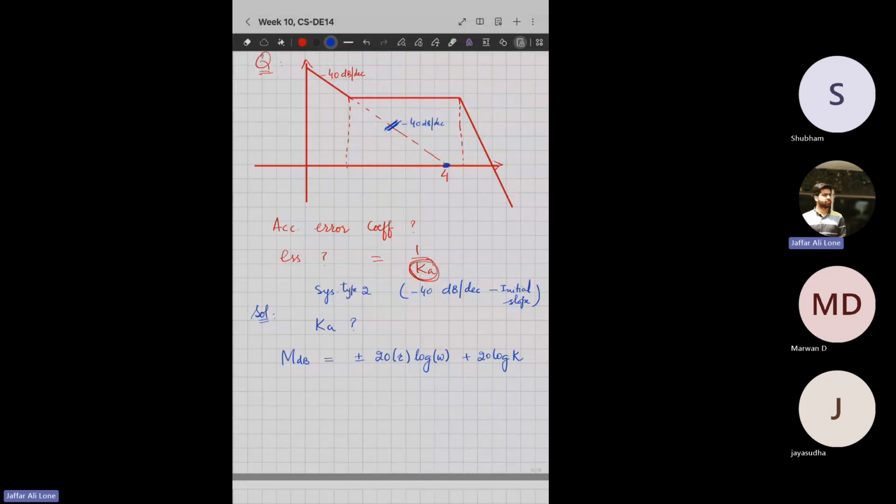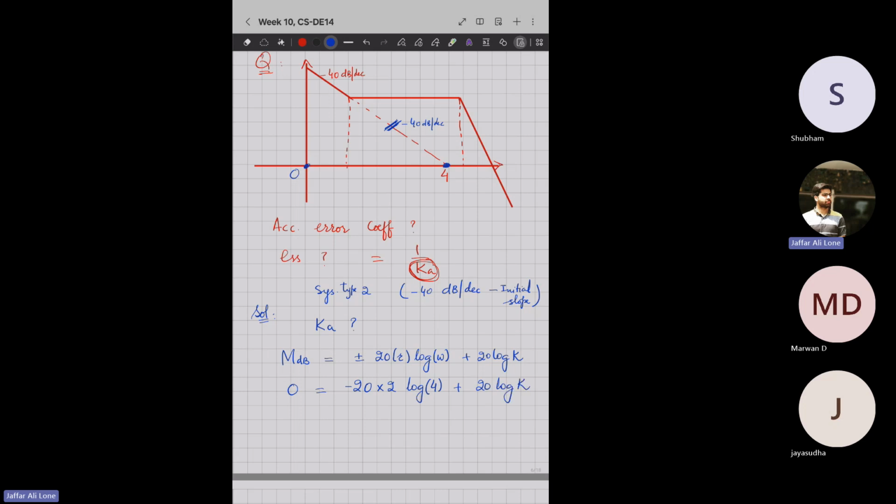At 4, my magnitude is 0 dB. And we know the slope is minus 40 dB, which means my r is 2, the type, as there are two poles at the origin. So 0 equals minus 20 into 2 into log of 4 plus 20 log of k.